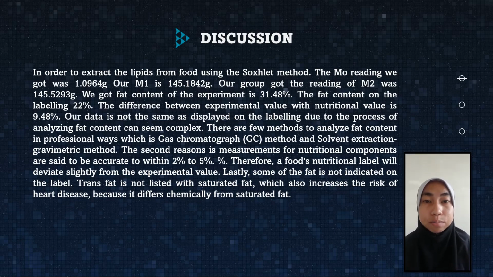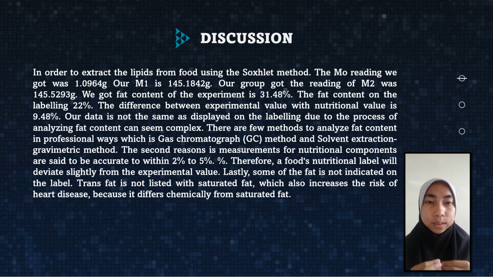M2 is when the thimble is removed from the extraction beaker using tweezers and dried in the extraction beaker for 1 hour at 105 degrees Celsius, cooled in a desiccator for 1 hour, and weighed. Our group got the reading of M2 as 145.5293 gram.